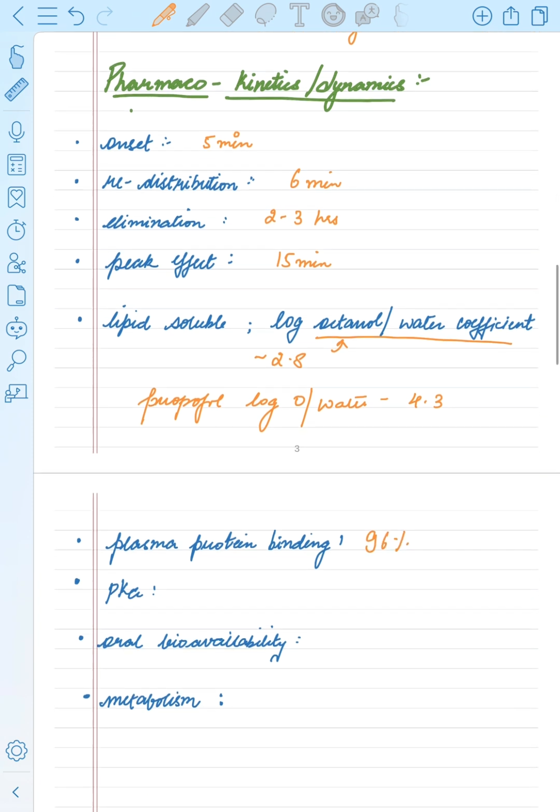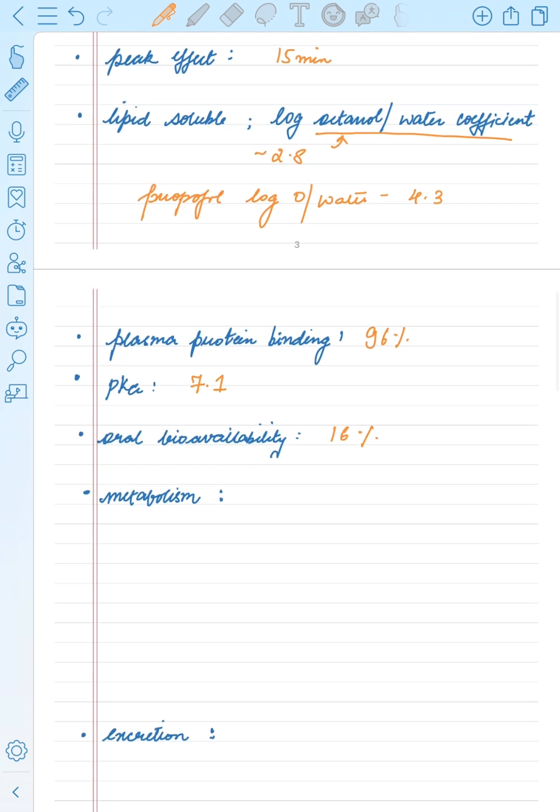It has a pKa of 7.1. If taken orally, it has poor bioavailability of about 16%. Metabolism is mainly by the liver. It has a high hepatic extraction ratio, which means its metabolism by the liver is dependent on the flow of blood to the liver.